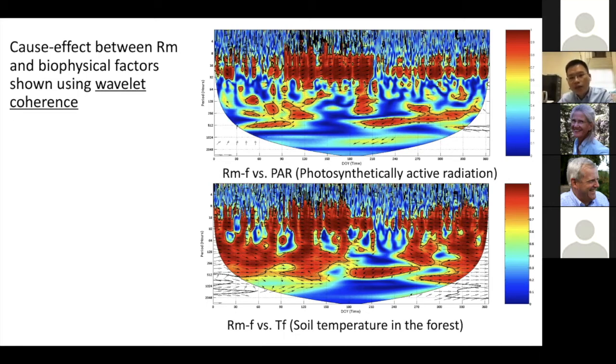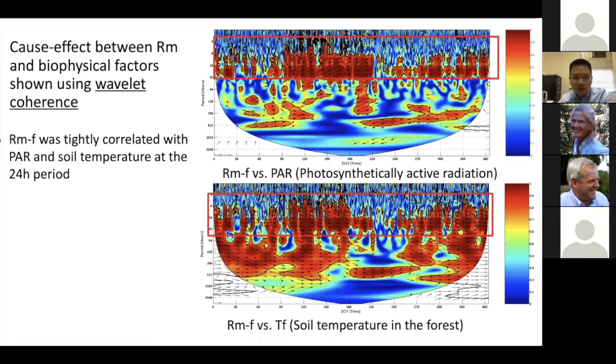The arrow direction is important for us to see the relationship: when the arrow goes up, it means that the environmental factor leads the RM, which means that the environmental factor is the driver of the RM.